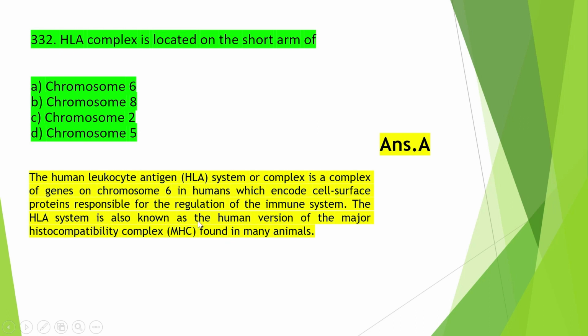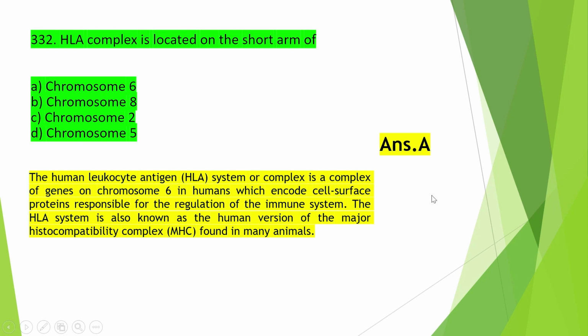The HLA system is also known as the human version of the major histocompatibility complex found in many animals, which helps in graft rejection. More specifically, it helps us detect which cell is our own and which is a foreign cell, to detect the correct one. That is that type of system.